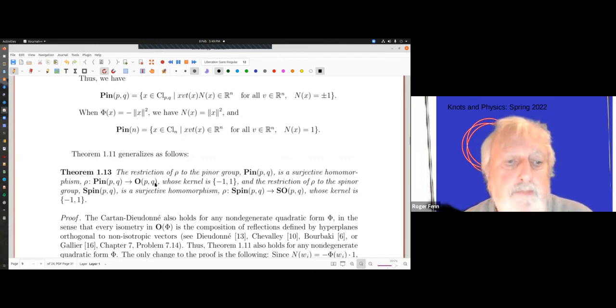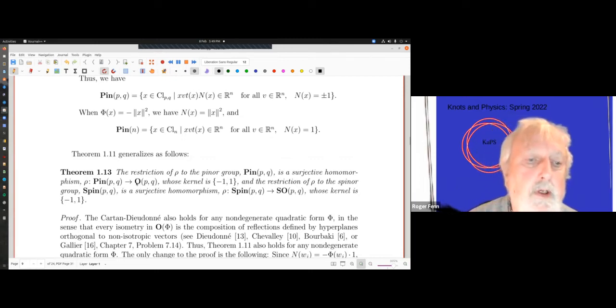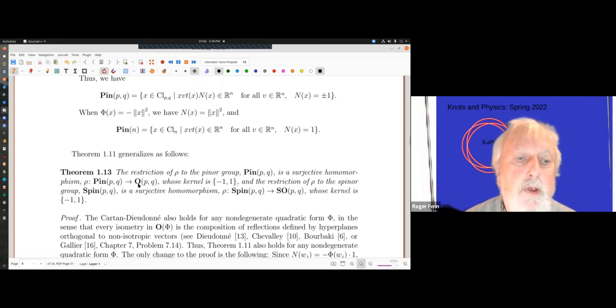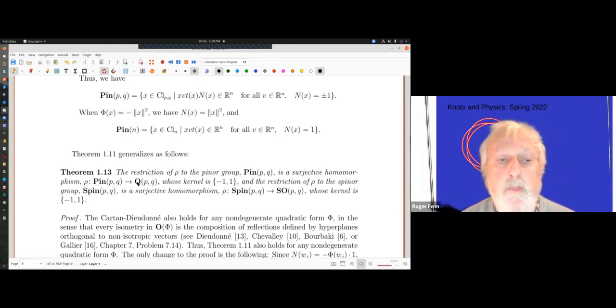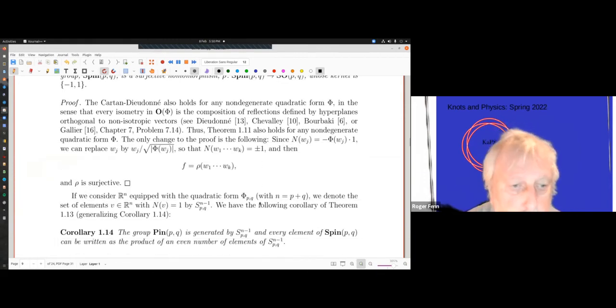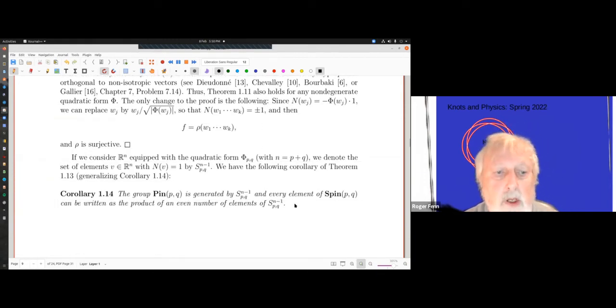Okay, so this is orthogonal with respect to that quadratic form on R^n, and the kernel is the same proof, and the fact that it's surjective is also the same. So I'm not going to go through the details.